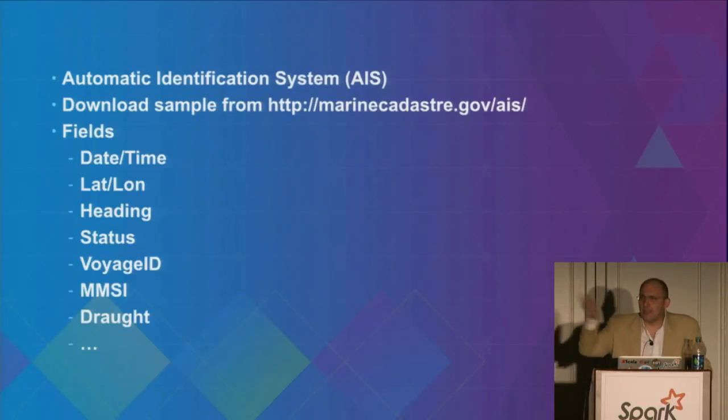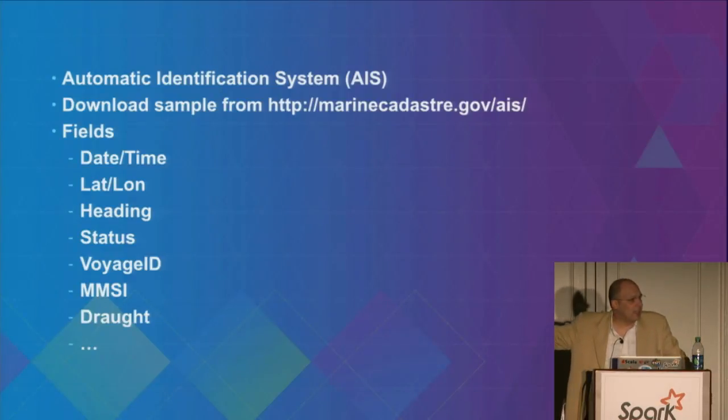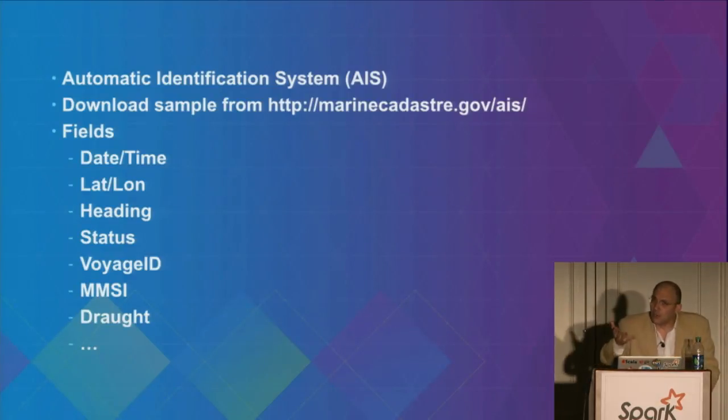Every ship in the world that travels emits that AIS feed. They tell you the date and time of the emission, the lat long, how it is heading, its status, its voyage, its identification, which they call the MMSI, and its draft. Your tax dollars are paying for sample data you can download from that URL, by the way. It's a good way to experiment with some of these ideas.